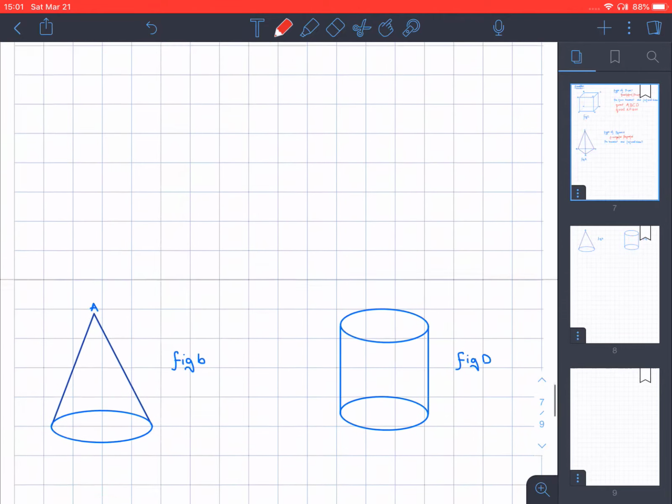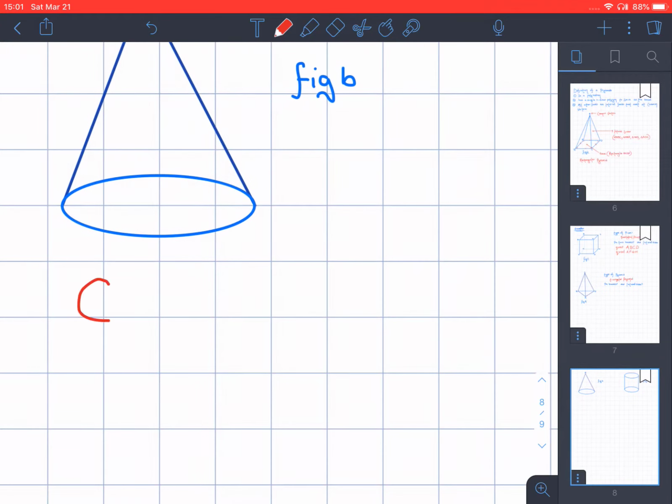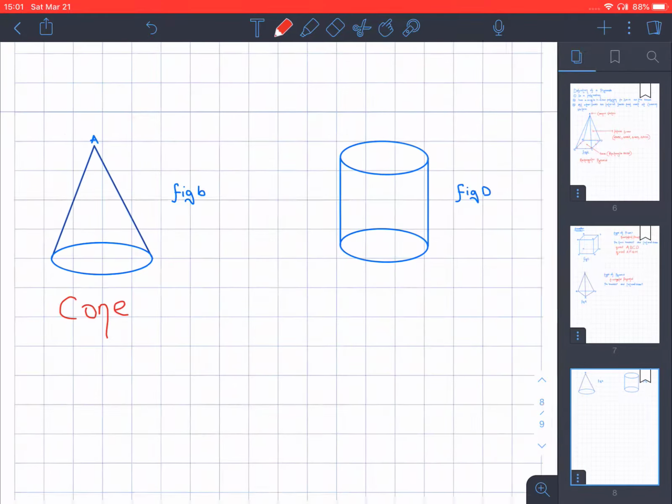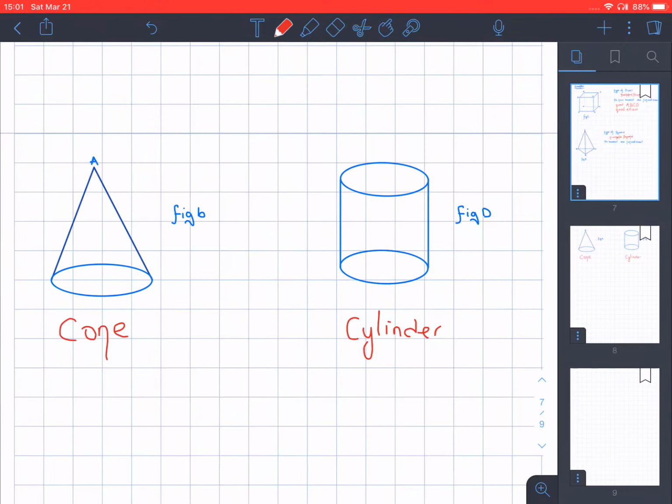Okay, so the next part is looking at two figures that we had at the beginning. The first one was a cone, and the next one was a cylinder. Even though these two are not polyhedrons, they take some characteristics that we're going to use later.